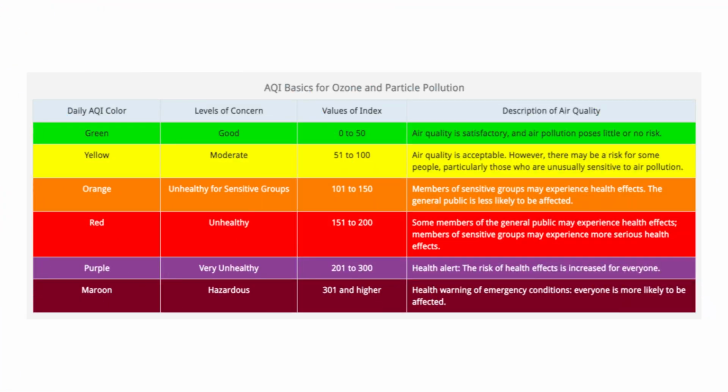The EPA divides the AQI into 6 categories, and each category corresponds to a different level of health concern. So, for example, when the color is green, it means the value in the circle is between 0 to 50. That also means there's little risk from this exposure. When the color becomes yellow, the index values are between 51 to 100, and the level of concern for health effects is moderate.